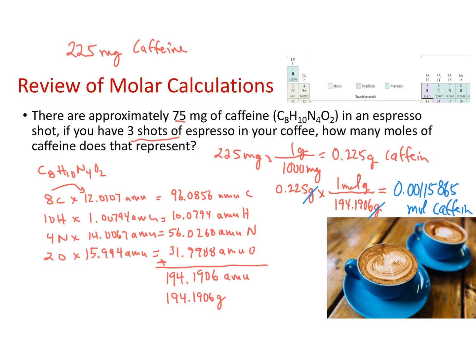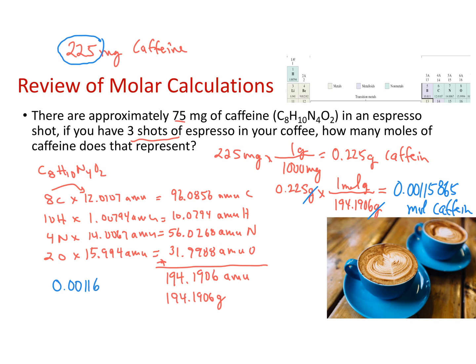Now thinking about that with significant figures, my significant figures from this calculation would be my weight. My total weight, I would say 225 milligrams. So to report this to 3 significant figures based on the 225 milligrams, it would be 0.00116.